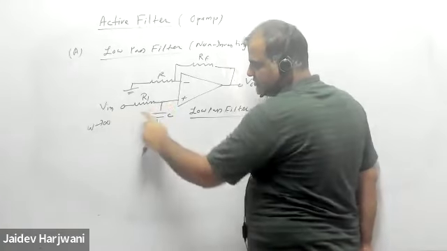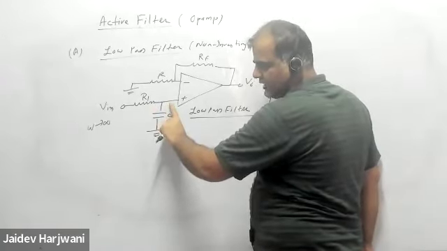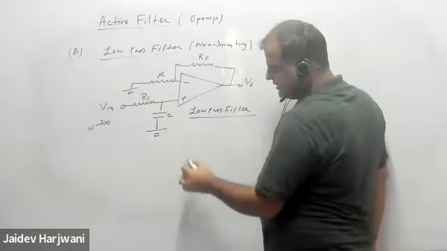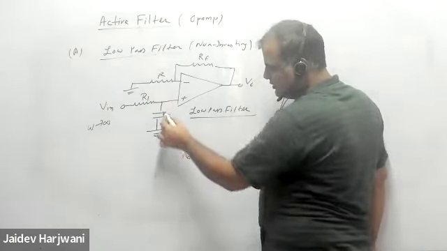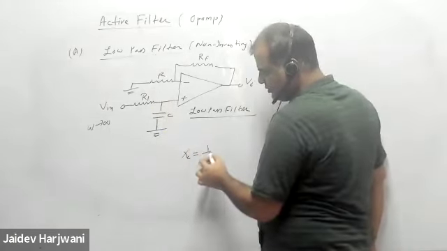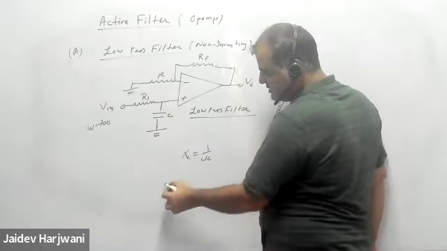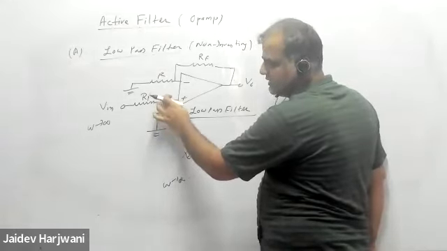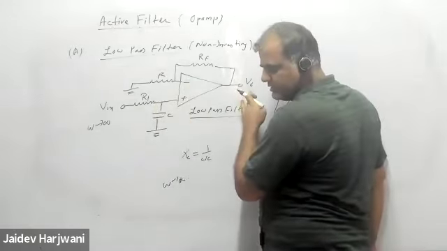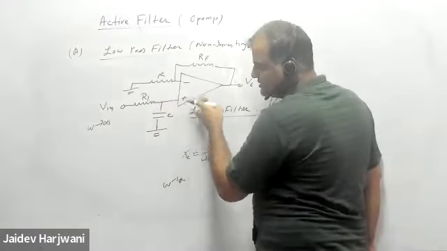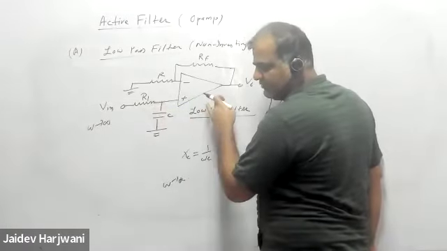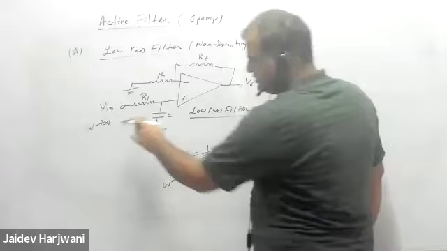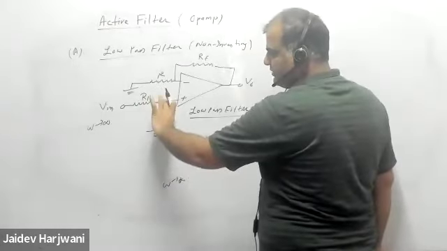What is the impedance of the reactance? 1 upon omega C. So if omega is infinite, this becomes zero. So zero here, and the gain here becomes zero. This means this circuit will not pass high frequency. This will pass only low frequency. That is called a low pass filter. As the frequency becomes high, this voltage will become zero.